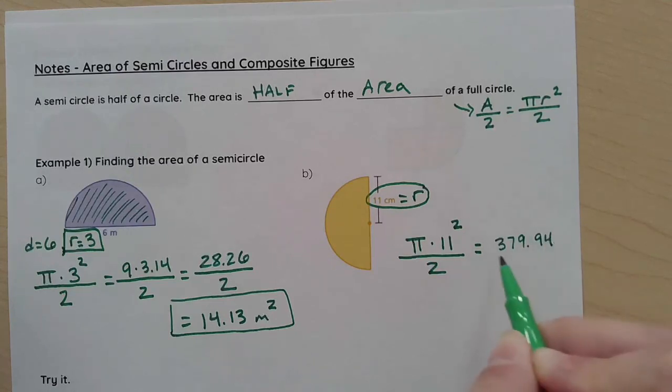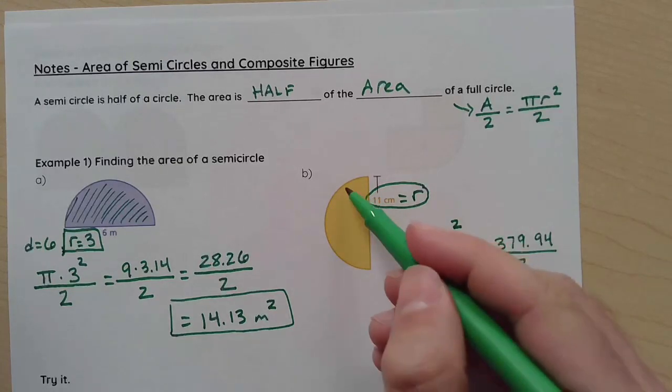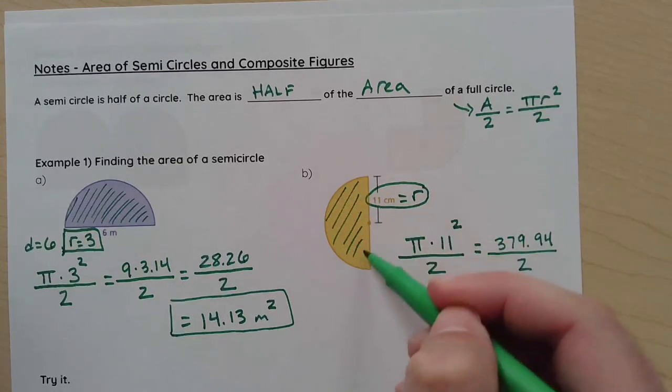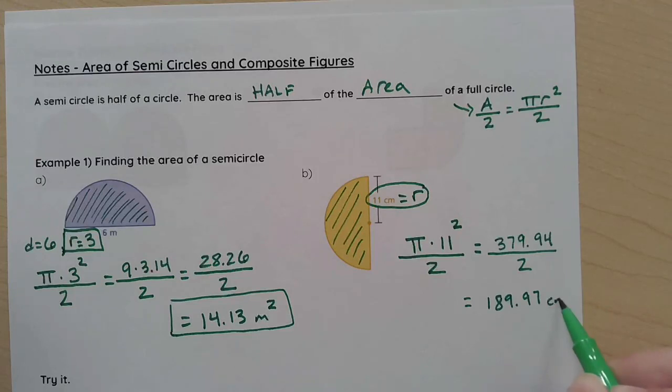I'm going to divide that by 2 to get my area of my semicircle. This gives me a final result of 189.97 centimeters squared.